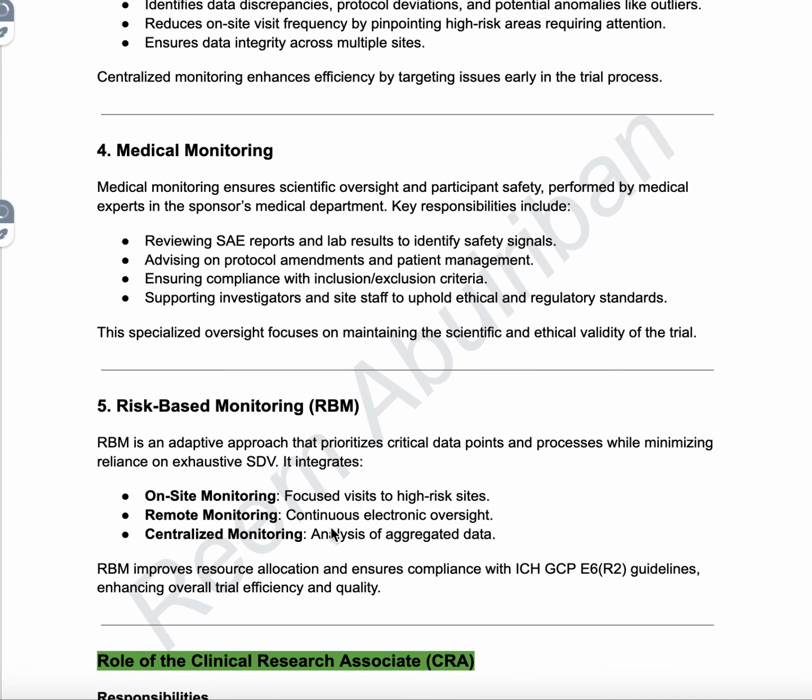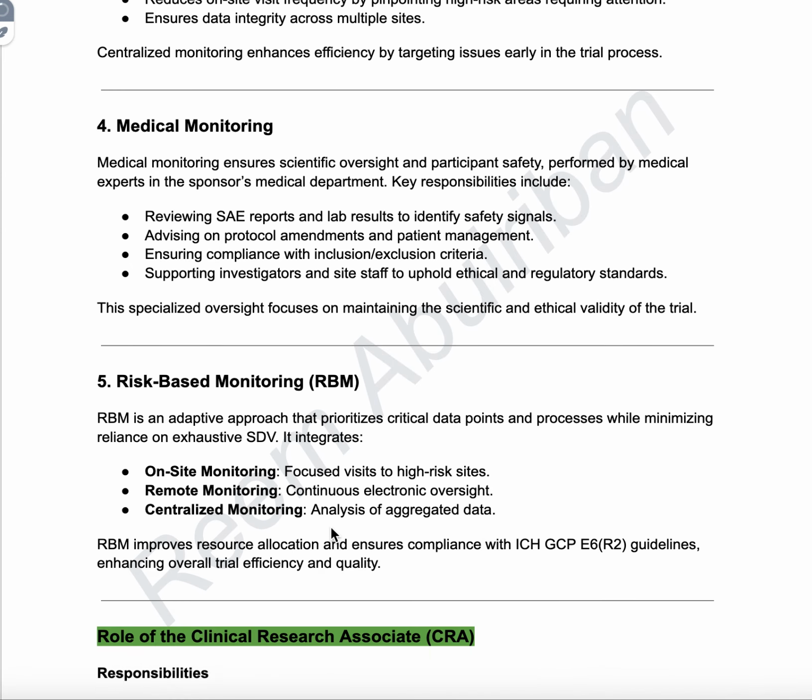Medical monitoring. Medical monitoring ensures scientific oversight and participant safety, performed by medical experts in the sponsor's medical department.